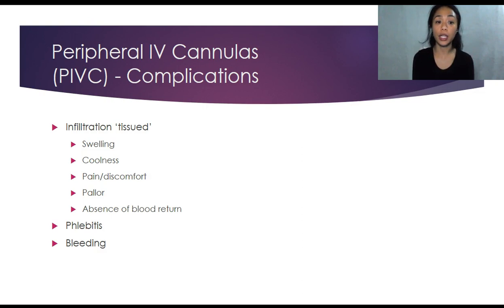You can end up with tissue necrosis if the cannula ends up being tissued. So some symptoms or signs that you can look out for: if the patient complains of pain, burning, or stinging at the site, and the signs of swelling, redness, and leaking around the site as well.